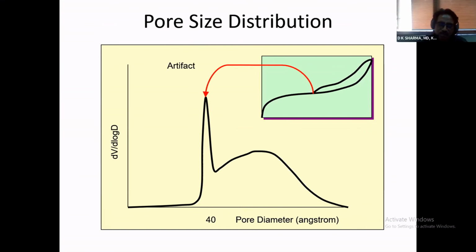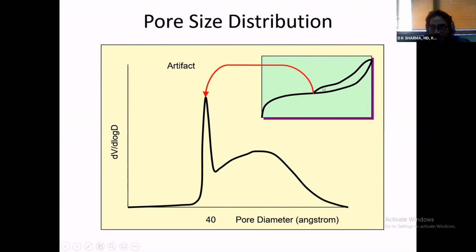Talking in another way, the desorption branch comes from a more stable, more equilibrated state, and that's why the desorption branch should be preferable for calculating pore size distribution. But this doesn't come without a rider. As a matter of fact, with a very big rider.